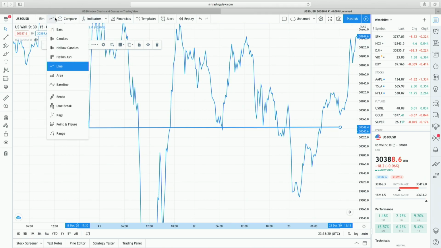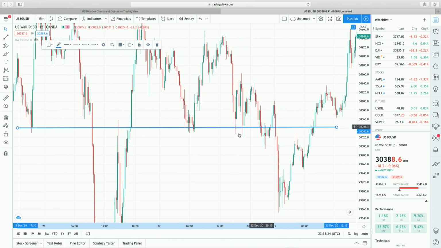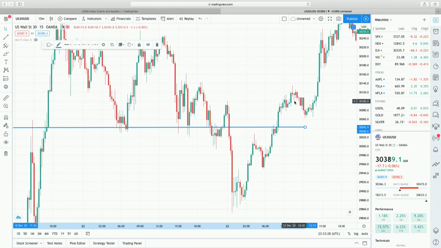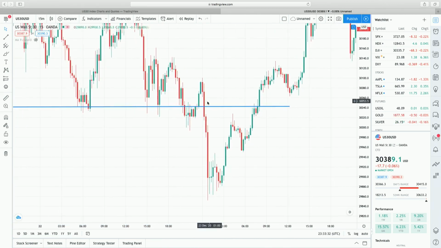Probably the wick hit it, and that's why it's like that. The market touched once, twice, 3, 4 times. So again, this is now a level of support. You want to wait for the market to close below that support, make a confirmation, and then take the sell.